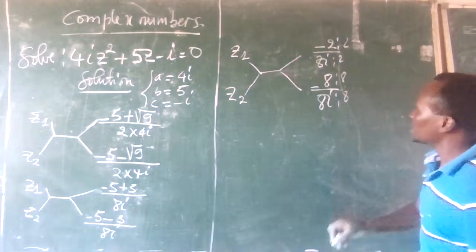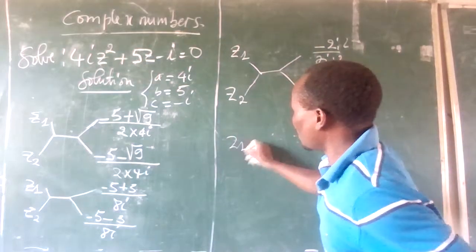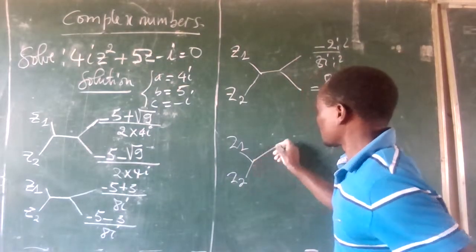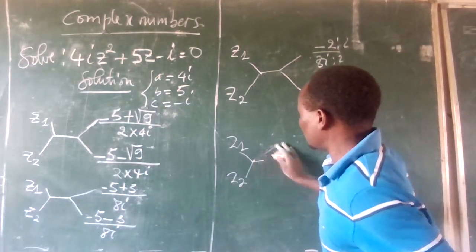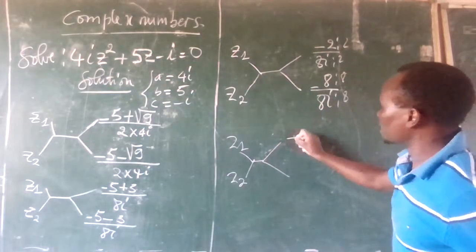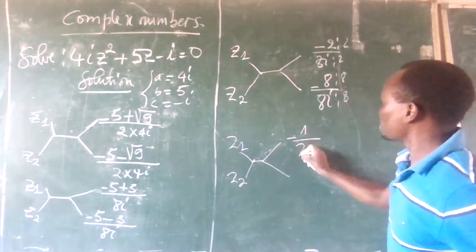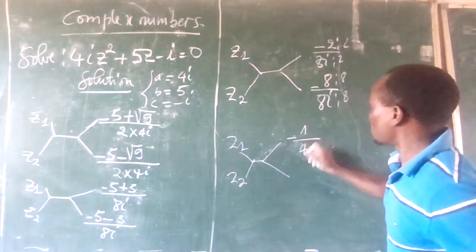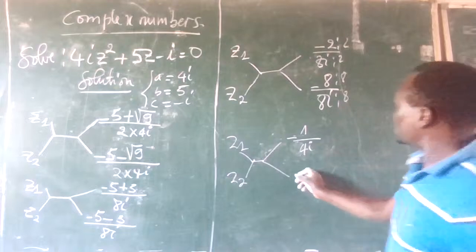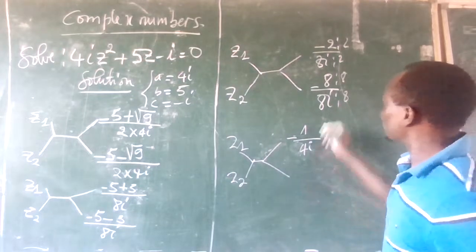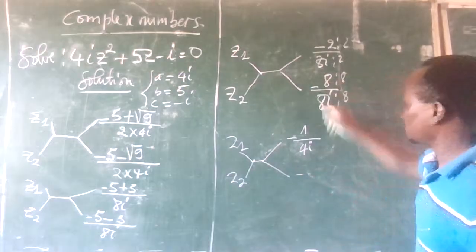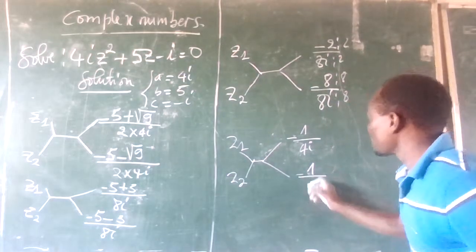Now we remain with Z1, which is minus 1 over 4i, you see? And Z2 will be minus 1, sorry, it is 1 over i.